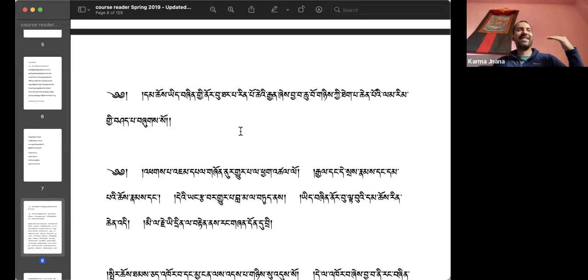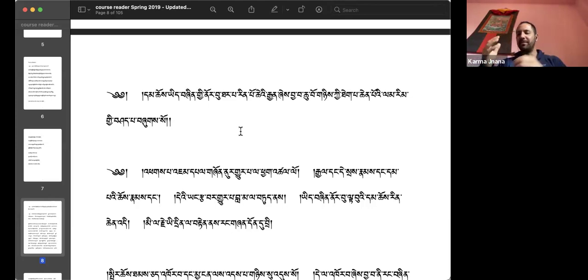So, anyways, Atisha came to Tibet, and then he reestablished the Dharma. Basically, what Atisha did is he developed these stages of the path, the Lamrim style of literature, which is a gradual approach that unites Sutra and Tantra.